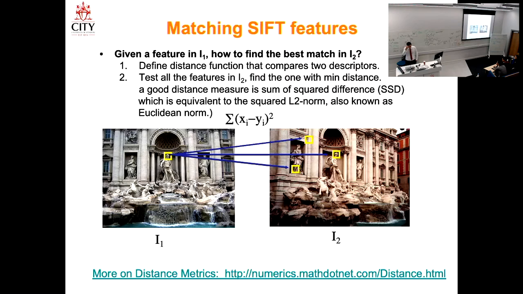So one way to use them is you can now match them. So if I found a SIFT feature here, and I have SIFT features here from this Fontana di Trevi image, I can find those and see which one is closer to this feature. And then you can match them. Now you see it makes more sense. Things are getting connected. So what we have is scale invariance, rotation invariance, HOG. We can briefly call it that, right?